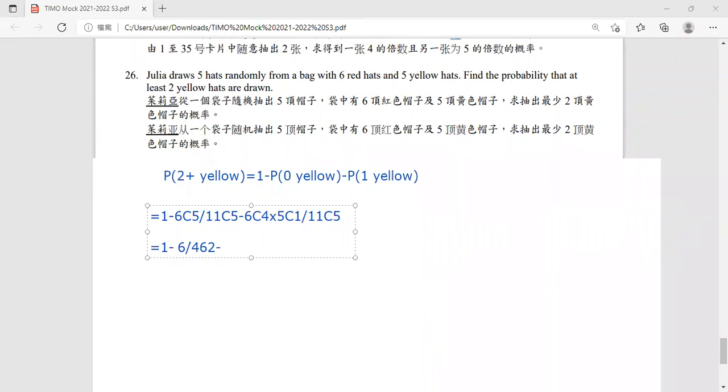This is 6, and this is 20 times 5 over 462. Oh, my bad, this is 50. Okay, 50. Any questions?